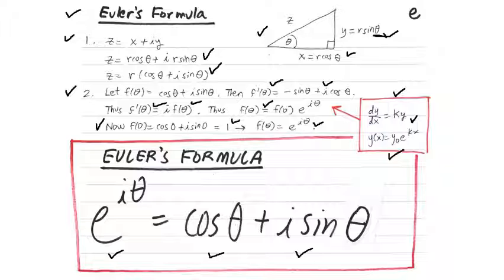We'll probably make some use of that formula as well later on in this course in some of our work on Laplace transforms. Very important and useful formula, definitely worth remembering.